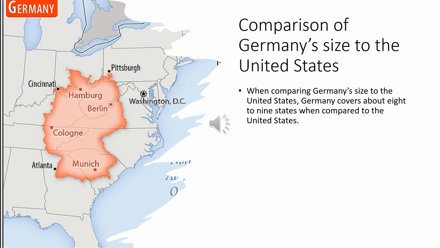So it looks like it may be covering part of Georgia, Tennessee, South Carolina, North Carolina, parts of Ohio, Pittsburgh, Washington. Pretty much it is covering about 8 to 9 states. So it's really not that big. Germany is not that big in size compared to the United States.